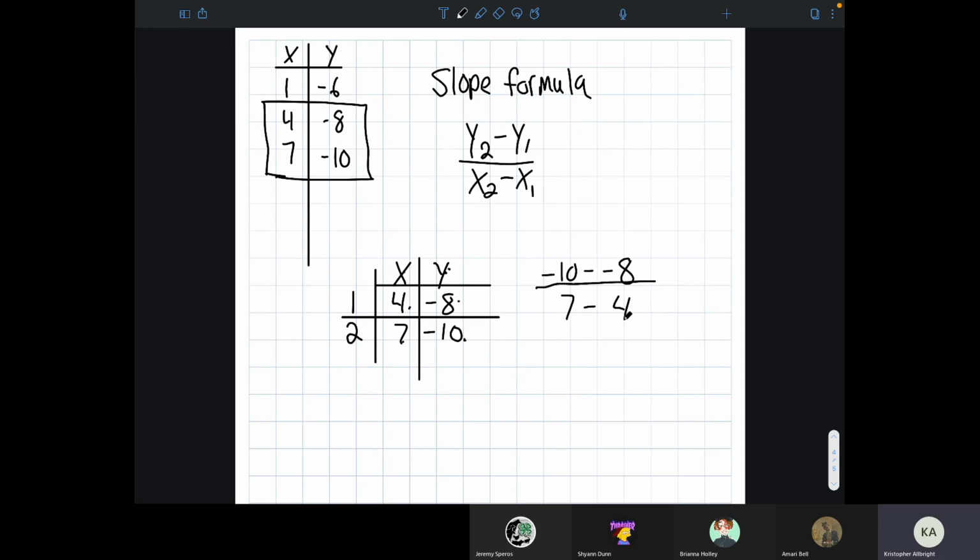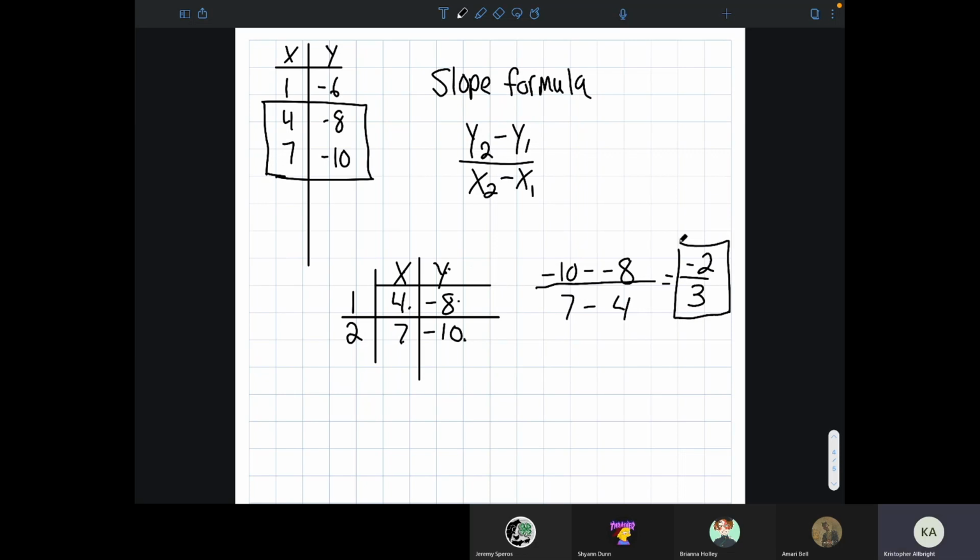And now we work this out. So negative 10 minus minus, which two negatives make a positive. So we have negative 10 plus 8 is going to give us negative 2. 7 minus 4 is going to give us 3.